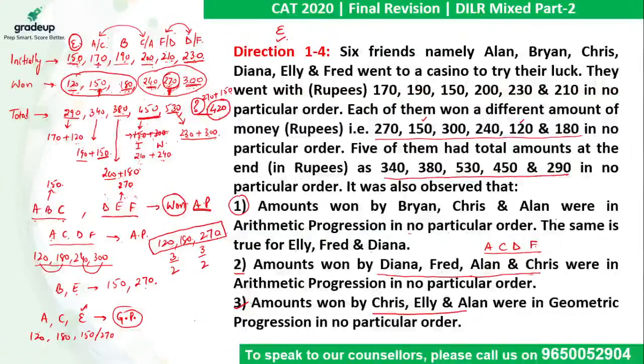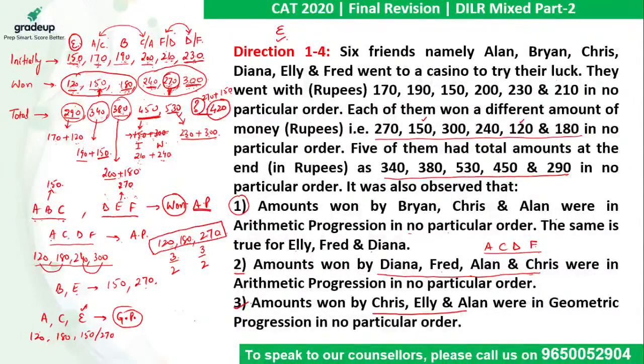When it comes to 170, this 170 got clubbed with 120, made it 290. So this value is definitely not getting doubled. When it comes to 190, it is adding up to 340 in the end, and this is again not getting doubled. So 200 is becoming 380, which is again not getting doubled.